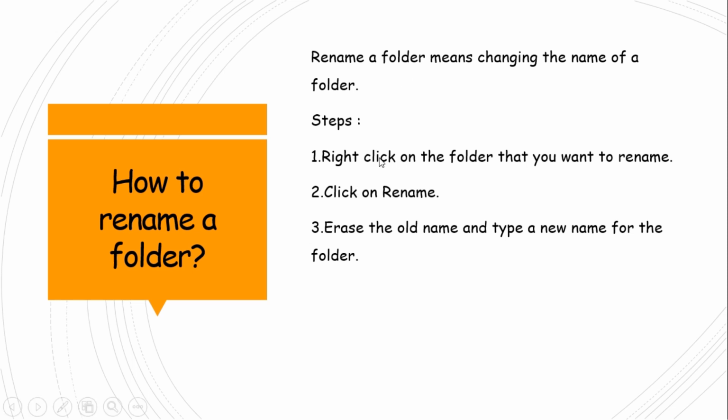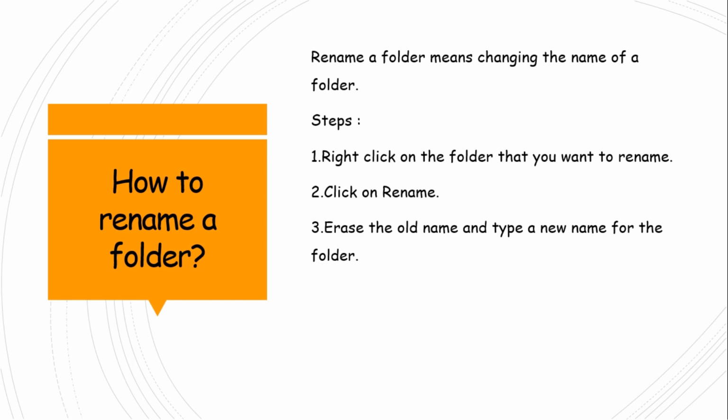First, we right-click on the folder that we want to change its name. Then we click on Rename. After that, you erase the name of the folder that you want to change its old name and type a new name for the folder.